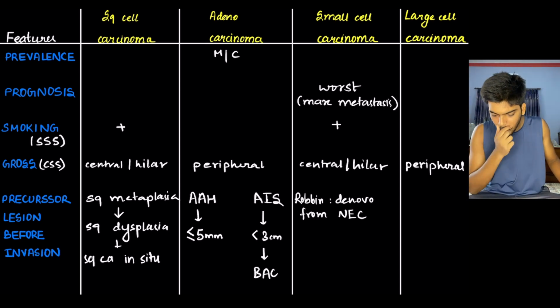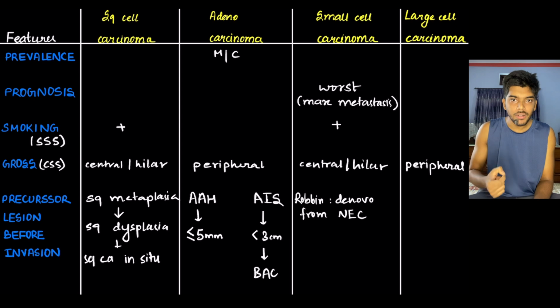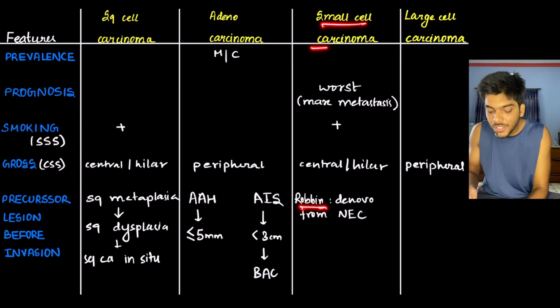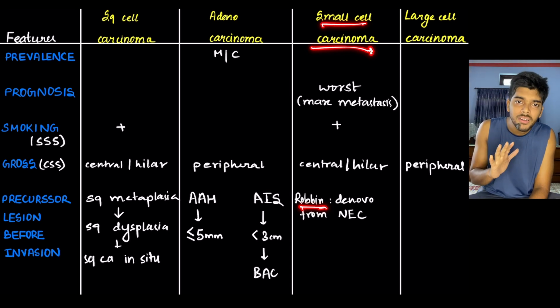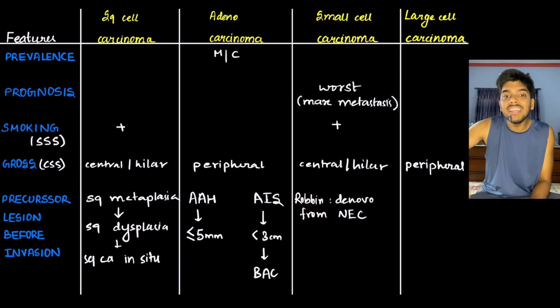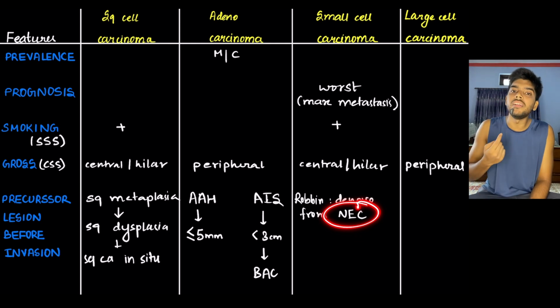Neuroendocrine tumors are nothing but tumors that arise from neuroendocrine cells. So according to Robbins, small cell carcinoma is such a neuroendocrine tumor that has no precursor lesion, and it arises directly, all of a sudden, from neuroendocrine cells present in your respiratory epithelium.